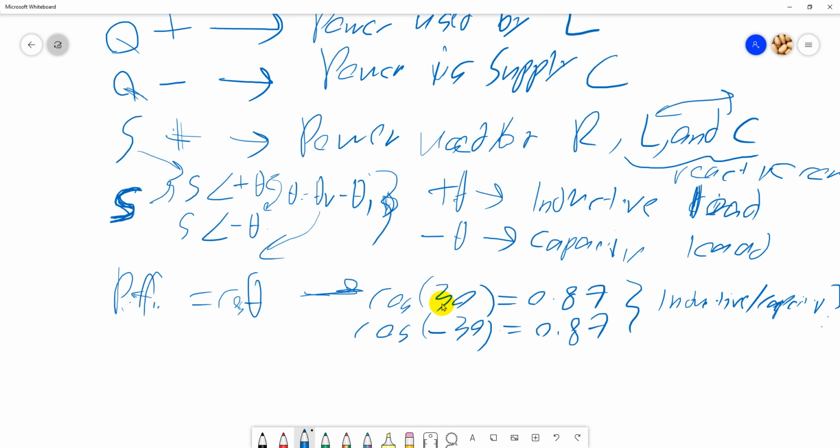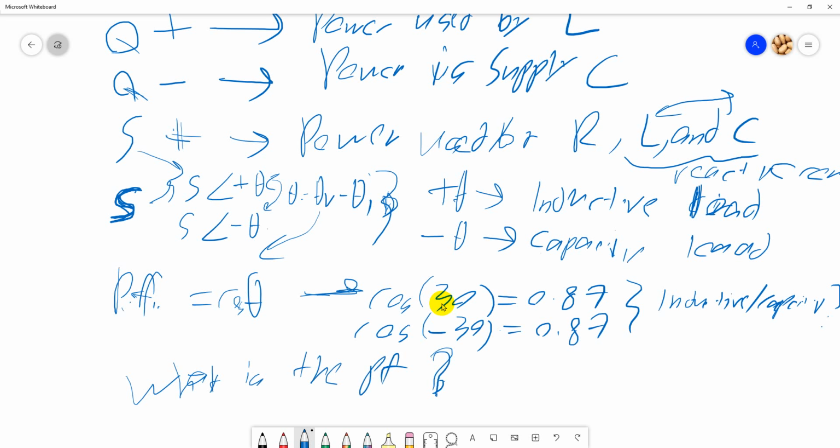The circuit is more inductive means that there are more inductors than capacitors. And if the angle is negative, it means that the circuit has more capacitive component than inductive component. So to write, for example, the PF: you calculate everything and get 0.87, and in your calculation the angle is positive.